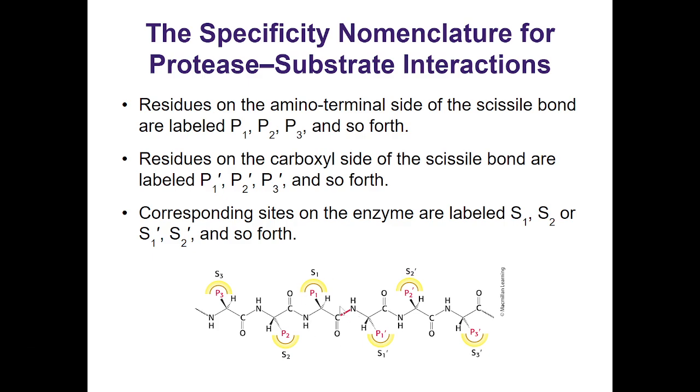On the carboxyl side of the scissile bond, we are going to end up having the S1 prime, which is on the enzyme. That's going to match with the P1 prime, right? These will be the binding sites that will help to specify and give you the specificity.